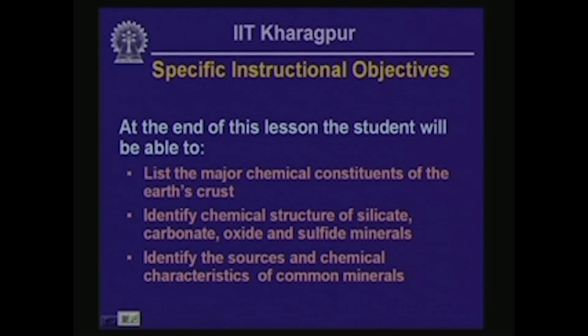These are the major building blocks of the crust of the Earth, as we will see in the course of this lesson. And finally, we are going to identify the sources and chemical characteristics of common minerals. In other words, how these types of individual minerals form, we are going to briefly discuss those items.